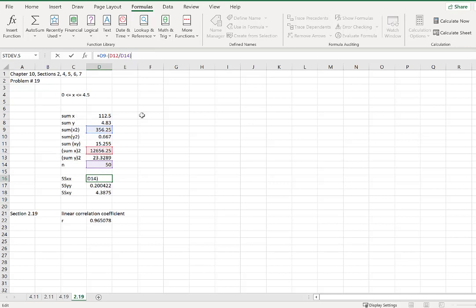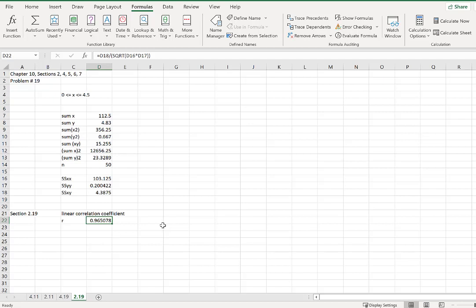So it's the same formula, which is the formula right out of the book put into Excel form. Same for the sum of the squares of y's, and same for the sum of the squares of the xy's. And then because I had the sum of the squares all in the same relative location to the linear correlation coefficient equation, my equation for R is essentially already done for me, because I did it for problem number 11.